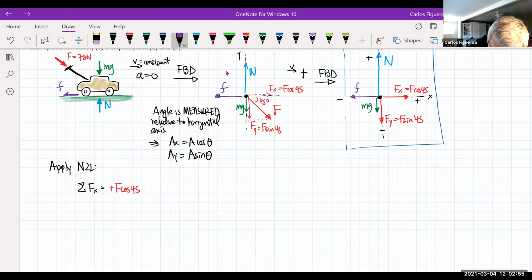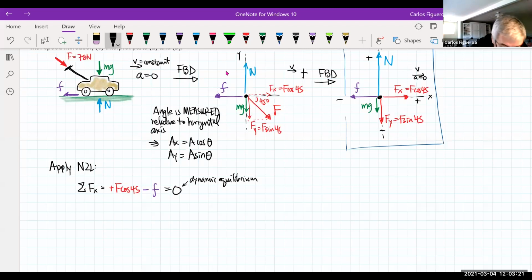It's in the negative direction. So I write minus friction. And then I ask the question, is this thing accelerating? And the answer is no. We said that it was moving at constant velocity. So this must be 0. And this indicates that this is in dynamic equilibrium.